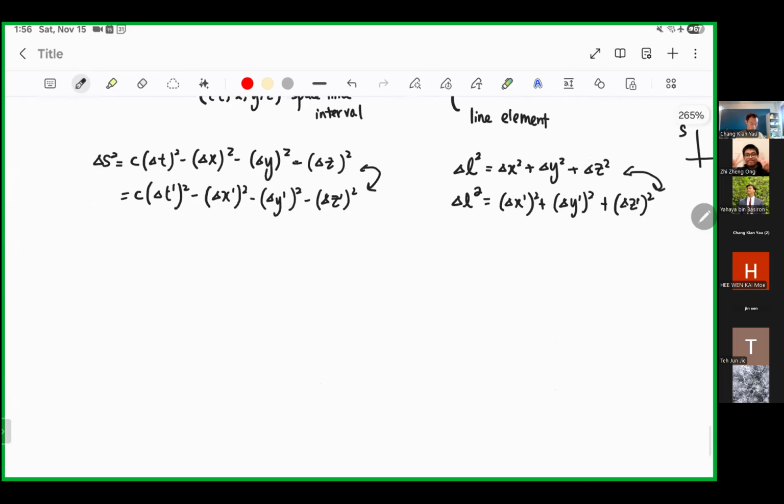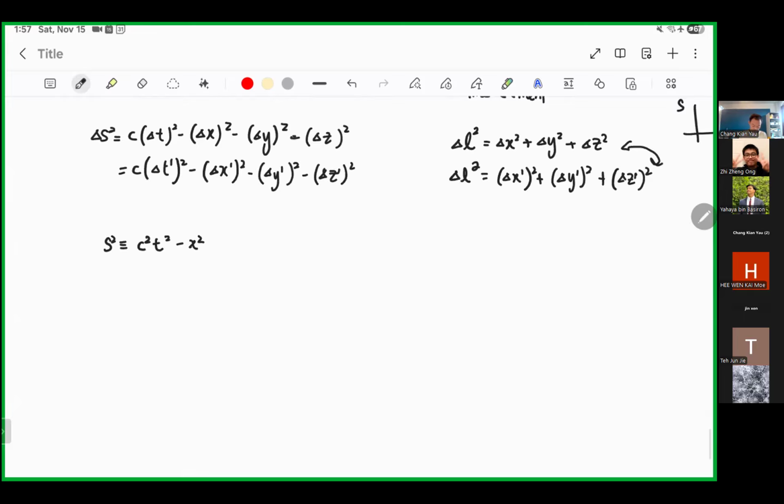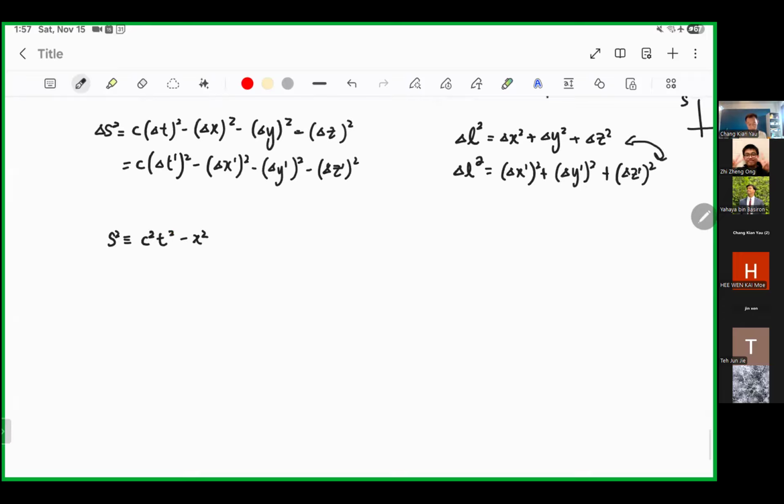And we can take a look at this equation here. I'll remove the deltas, and let's say we are only looking at the x direction. So s squared equals c squared t squared minus x squared. Again, we can technically separate this into three cases. Let me write it.